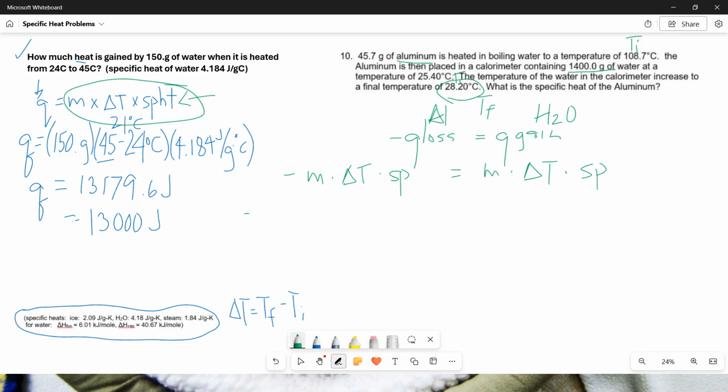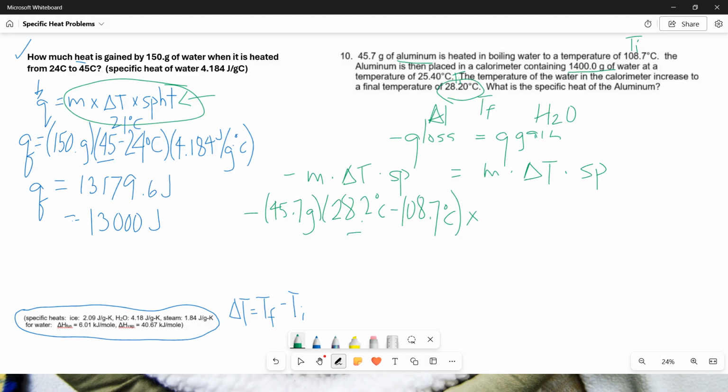So if I look at the mass of aluminum, it's 45.7 grams. The change in temperature is going to be the 28.2 degrees Celsius minus that 108.7 degrees Celsius. And then, of course, we don't know its specific heat. That's what we're solving for.